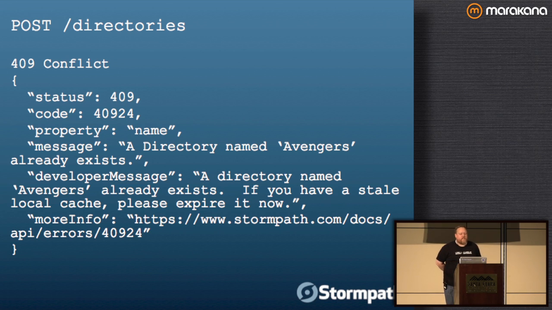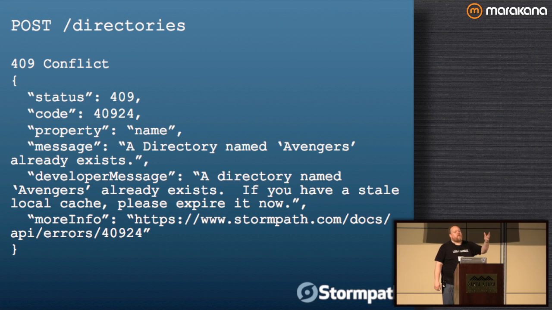Property in this case represents the particular property that caused the problem, so they know that when I submitted this new directory, the name property is the reason why the request failed. And the message property or attribute is pretty interesting. It represents something that you can directly convey to your customer's application end user. So what I mean by that is if your customer is a developer and they call you, this message they can take and immediately relay, like in a user interface, to their own end user.